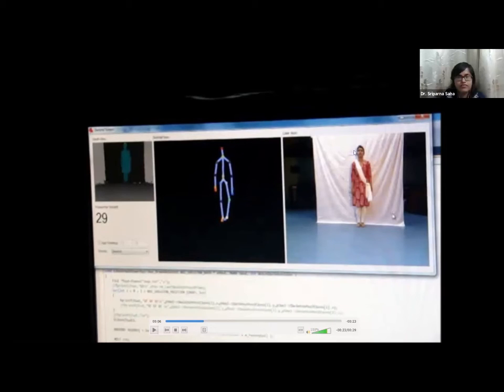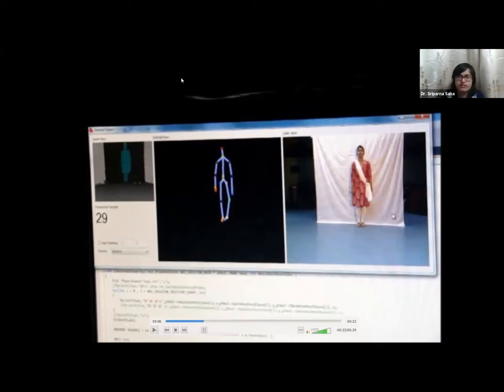After combining the depth view and the camera view, this skeletonized form has been created. And for this Kinect, the sampling rate is 20 frames per second. This is the sampling rate by which the Kinect is capturing the data.